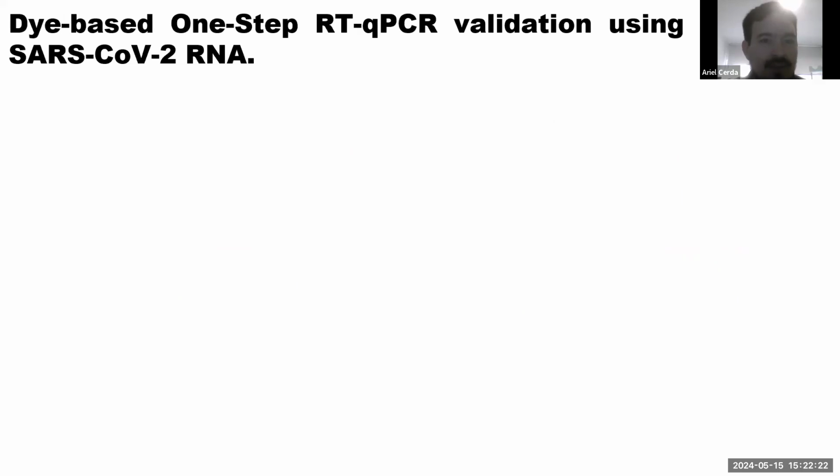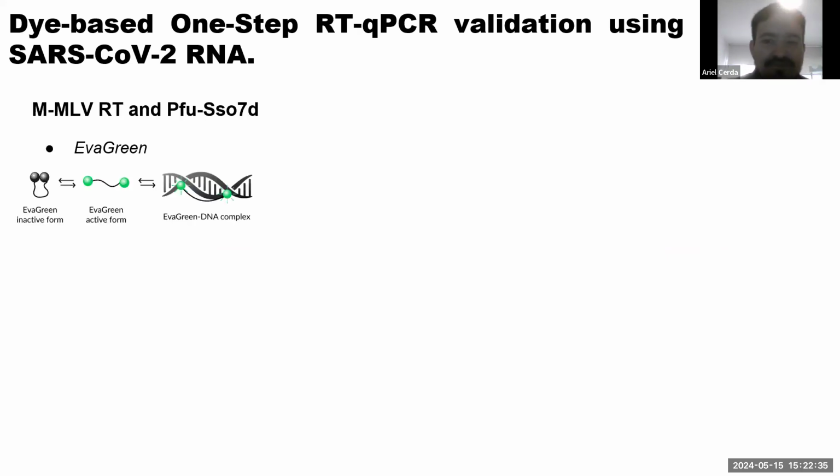In parallel, we assessed a dye-based RT-qPCR using the MLV, but Pfu as polymerase, in a probe-independent alternative. This system utilizes the same primers, N1 and N2, and an intercalating dye, in this case EvaGreen, providing a cost-effective alternative to TaqMan probes.